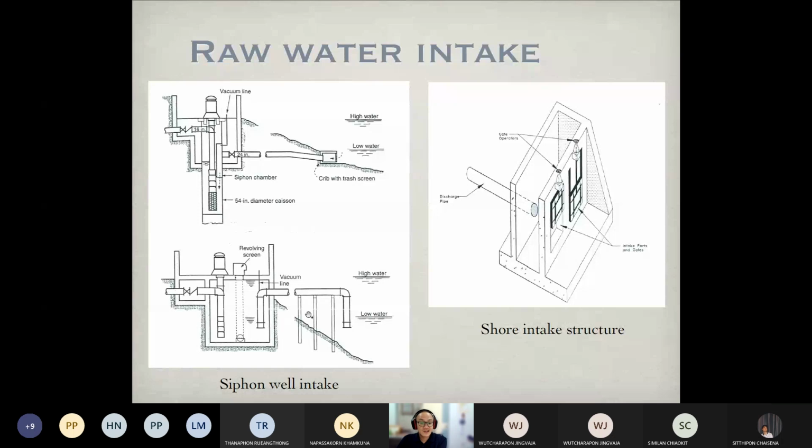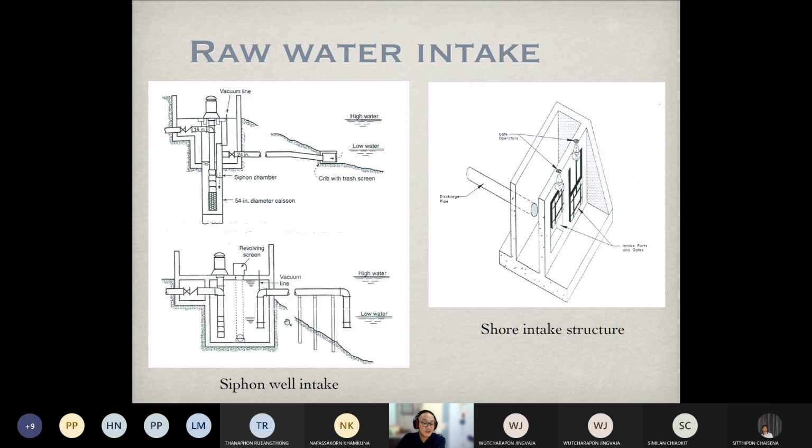This one is the photographs of the siphon well intakes. Basically, this is the intake chamber, and the pipe is equipped with the vacuum line to withdraw the water. The siphon is nothing but trying to create negative pressure.